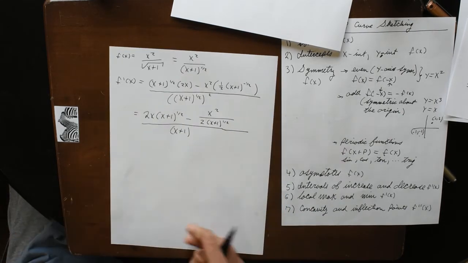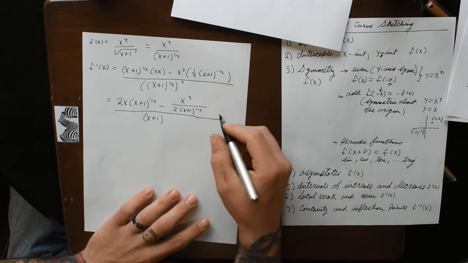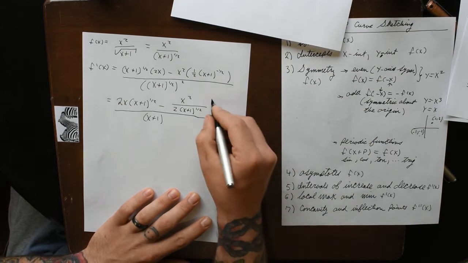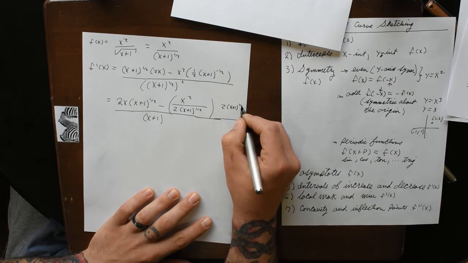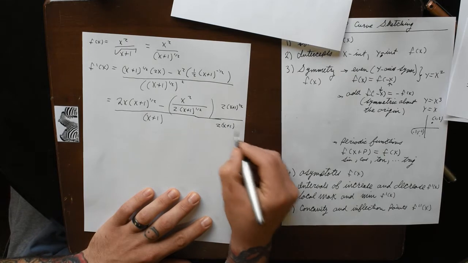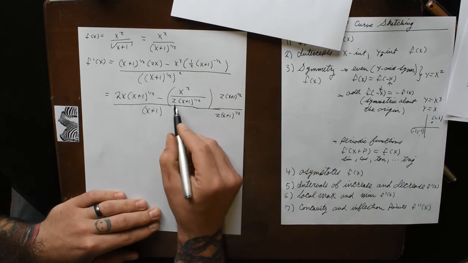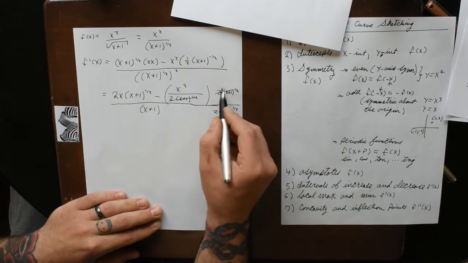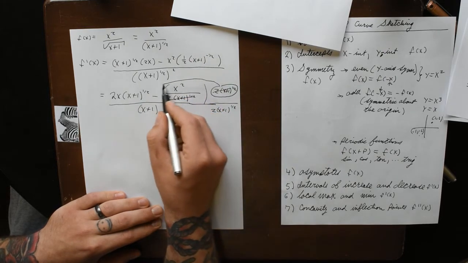It's going to leave in parentheses. I don't want compound fractions, so I'm going to multiply top and bottom of this fraction by 2 times x plus 1 to the 1/2. These will cancel. Now this 2x times x plus 1 to the 1/2 goes over.